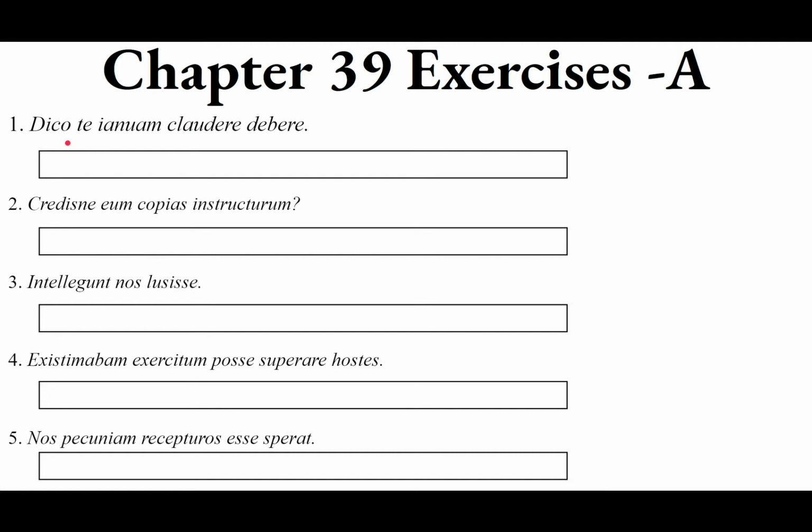So first we identify the indirect statement. The indirect statement, remember, is a noun clause. A noun clause is a substantive. Substantive is just a fancy word for noun. It is the object, or it can also be the subject, but here it's acting as the object of another verb, what we call a head verb. So dico here is our head verb. These are actions which come from your head.